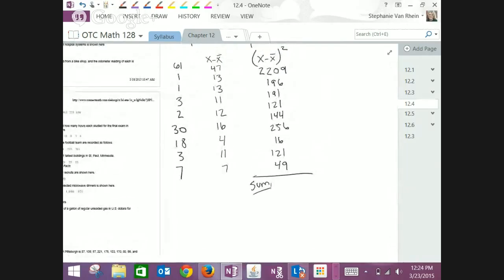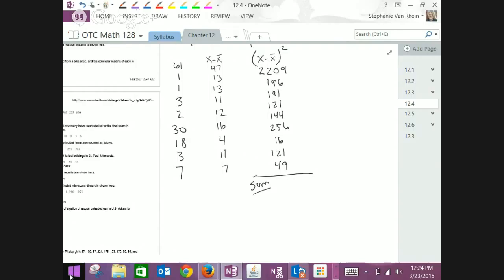Now I've got to add up these numbers together. Some of your calculators might even have a way where you can store a variable, which is kind of handy. Then you can take all your data points minus your variable and actually square it with your parentheses.